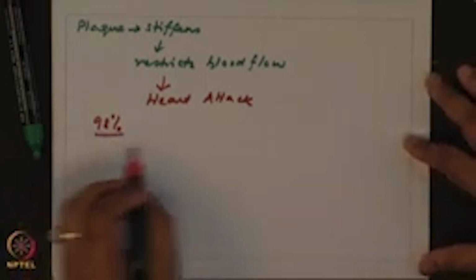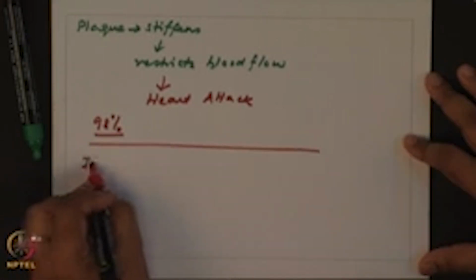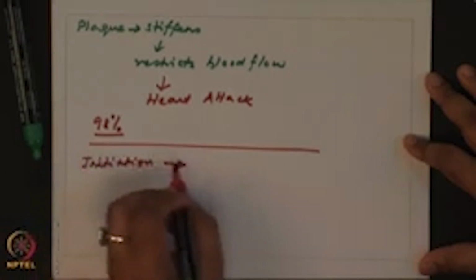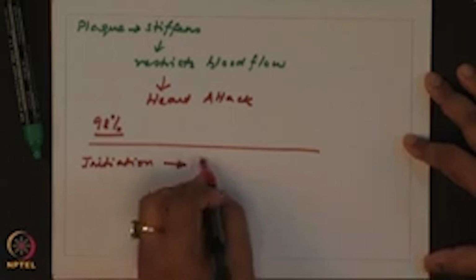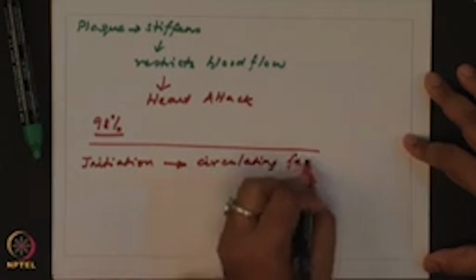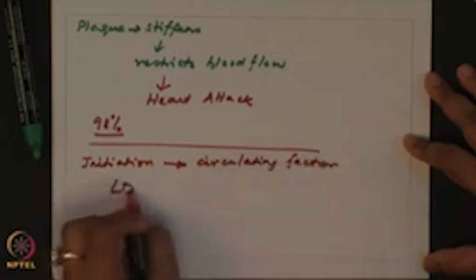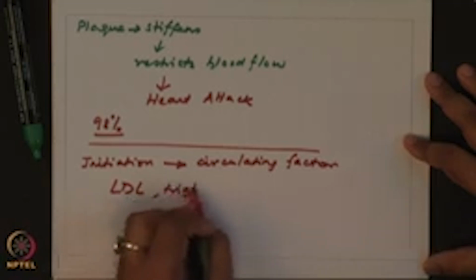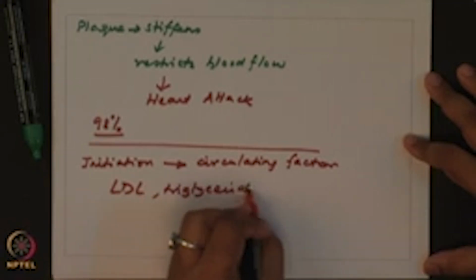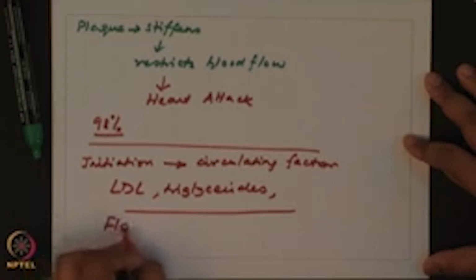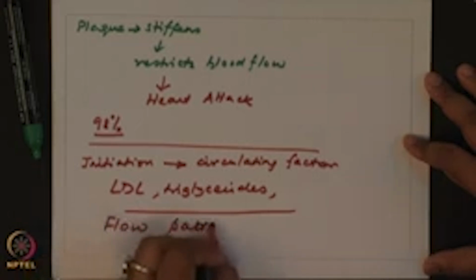Okay. So, though the initiation of this atherosclerosis is attributed to, let us say, circulating factors like LDLs or low density lipoproteins and triglycerides, there are other changes in the flow pattern, in the way the blood flows through these arteries.